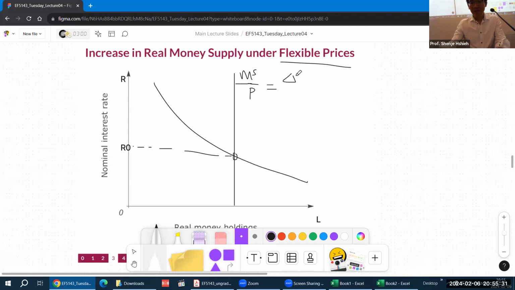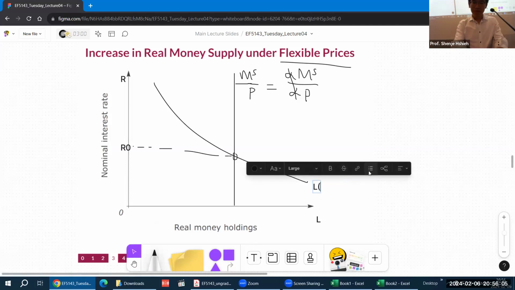This is equal to delta MS over delta P, right? Let's say there's a scaling factor, alpha. P increased by some proportion, MS increasing by some proportion. If they're going to increase proportionally for sure on average, the alpha goes away. So the real money supply curve doesn't change if there's flexible prices. And so monetary policy is ineffective, and so nothing happens.